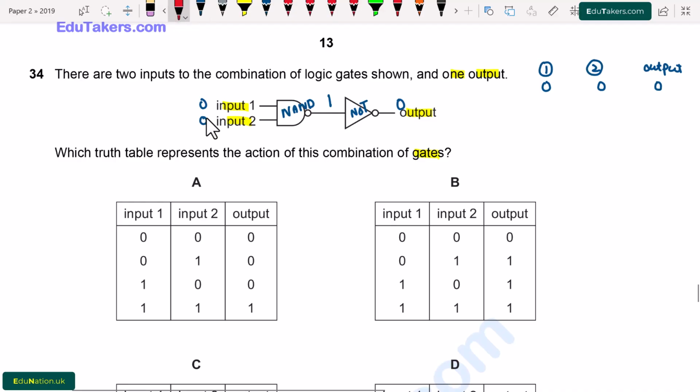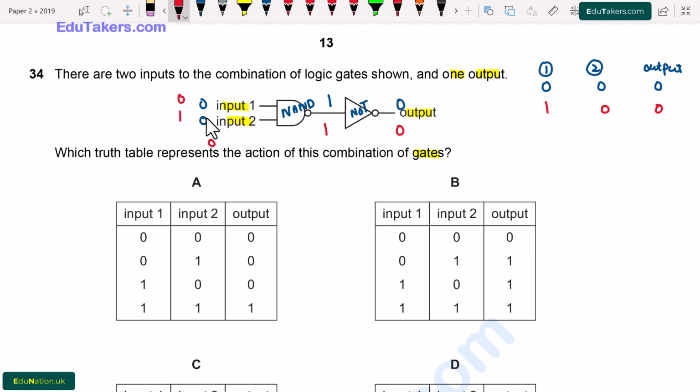Next, suppose that the input is 1 and 0. Then 1 and 0 combined by the NAND gate gives 1. And when I apply the NOT gate, it will be 0. It means that 1 and 0 gives 0.